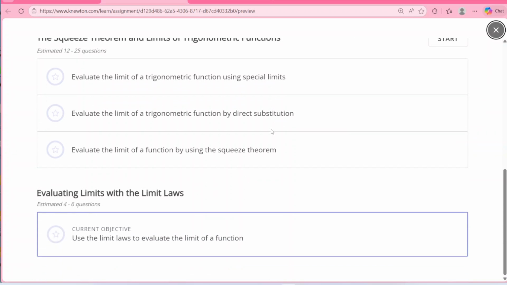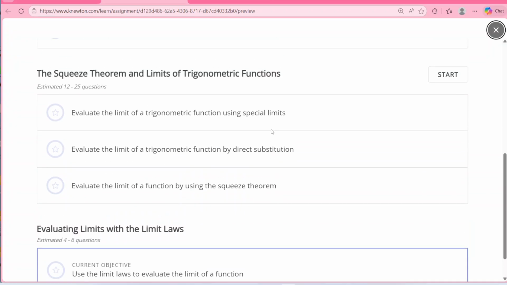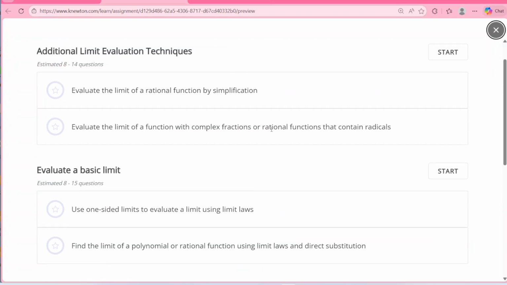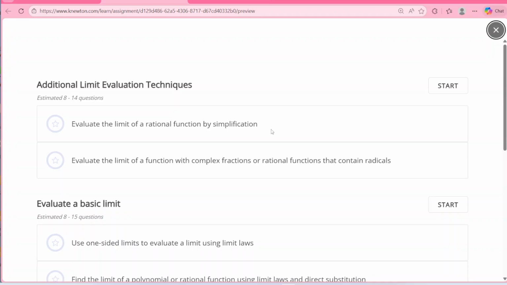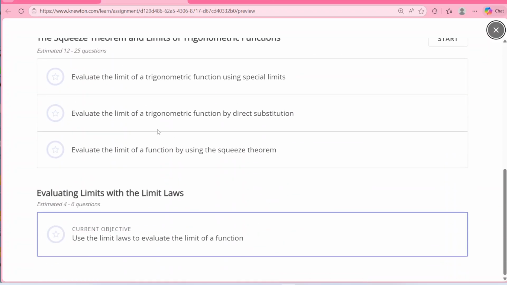This particular assignment has 8 objectives broken up into 4 sections. At the moment I'm in the one titled Evaluating Limits with the Limit Laws. There's only one objective in this section, right?